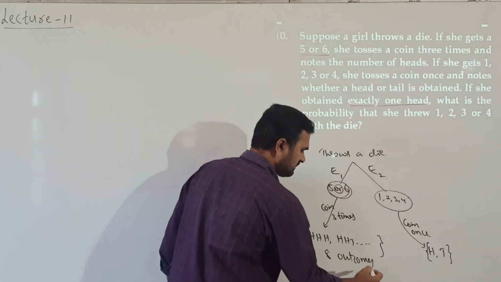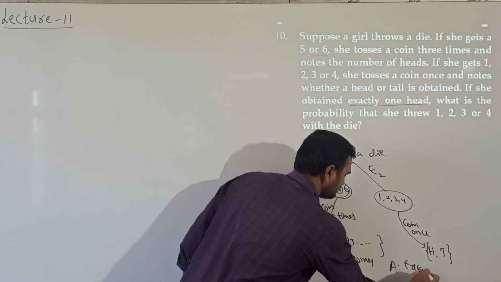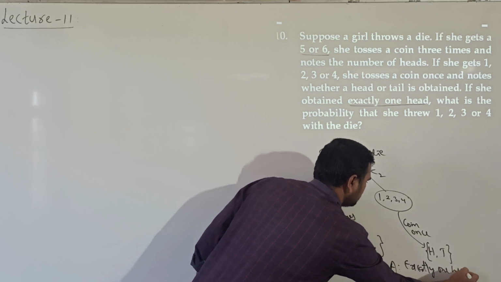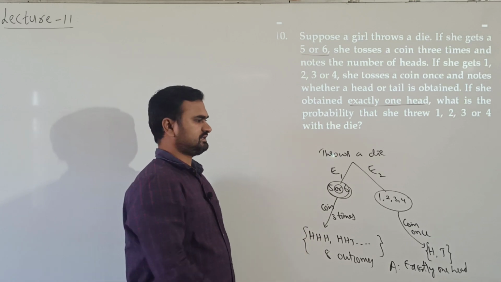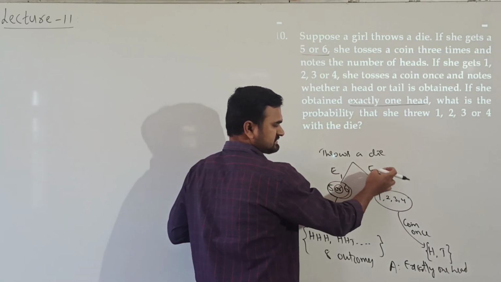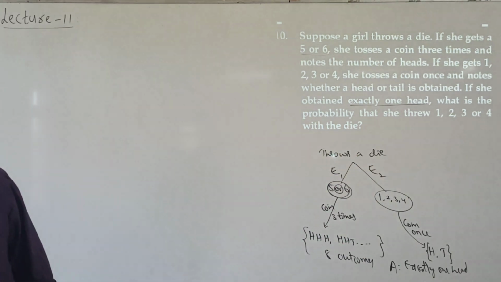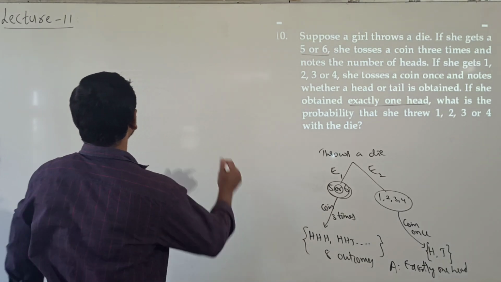And we have to define the common event A, that is getting exactly one head. Whichever case we are interested in, we have to find that probability. So this is also based on Bayes theorem. We are applying the reverse probability here.